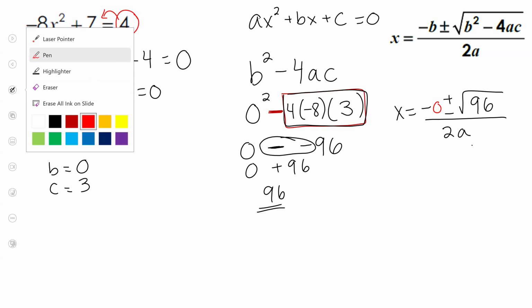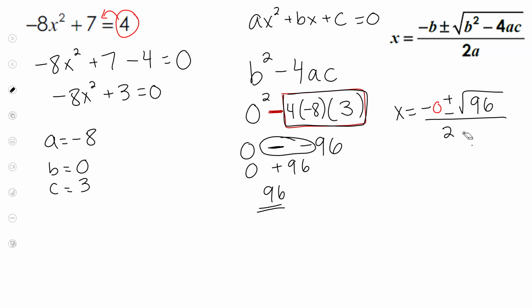And I can erase the a value and put a negative 8 there. Okay, so let's simplify. I have x equals, does this 0 really matter? 0 is nothing. I don't really need that. So I have plus or minus square root of 96 all over 2 times negative 8 is negative 16.